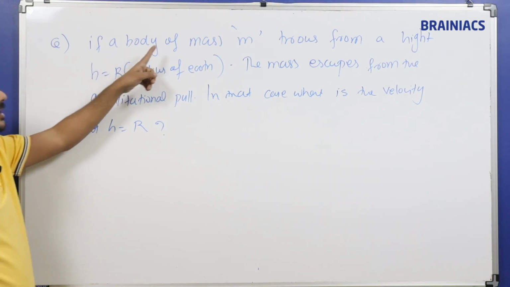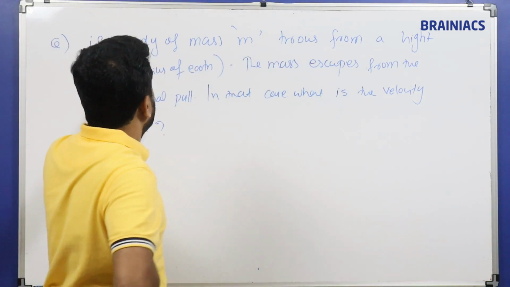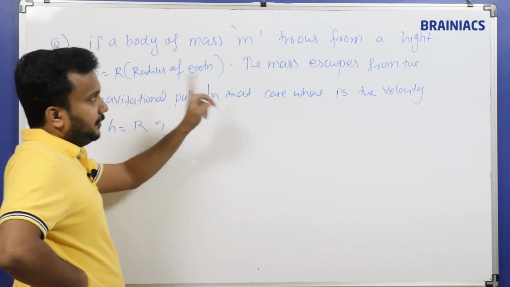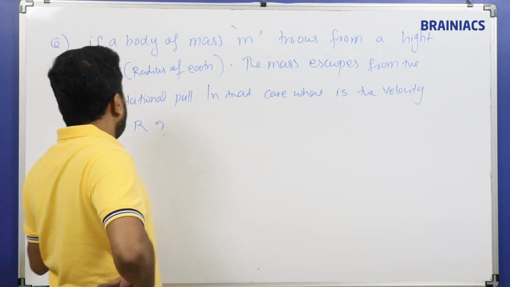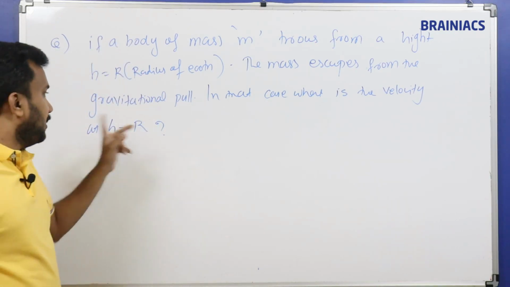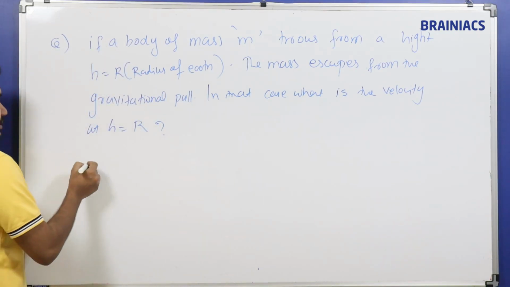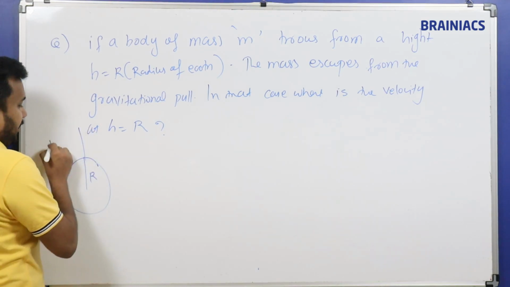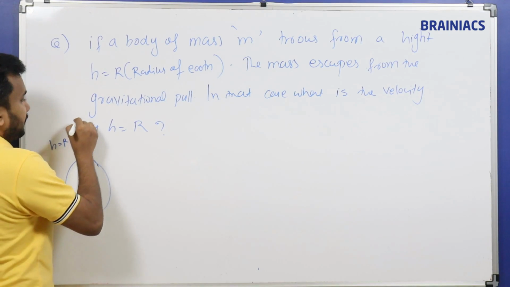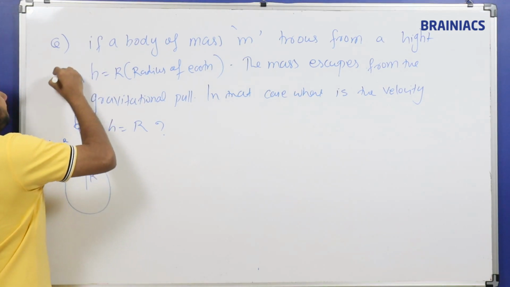If a body of mass m is thrown from a height h equal to R, where R is the radius of earth, and the mass escapes from the gravitational pull, in that case what is the velocity at h equal to R? So the context of the discussion: earth has a radius R, and at a height h equal to R, the ball is thrown to infinity.